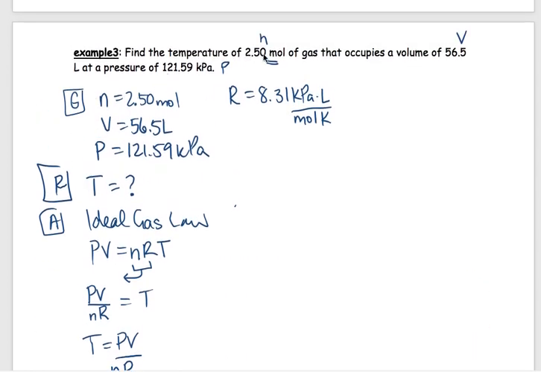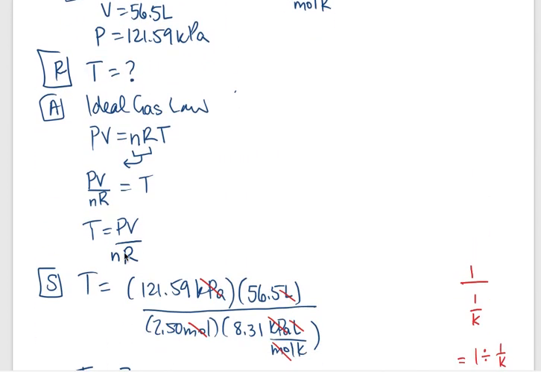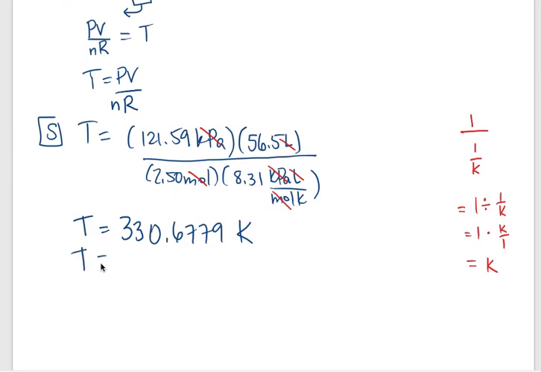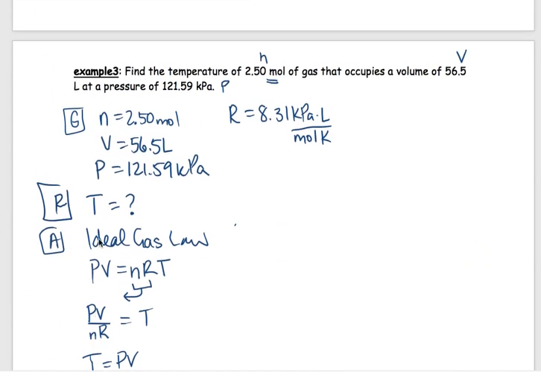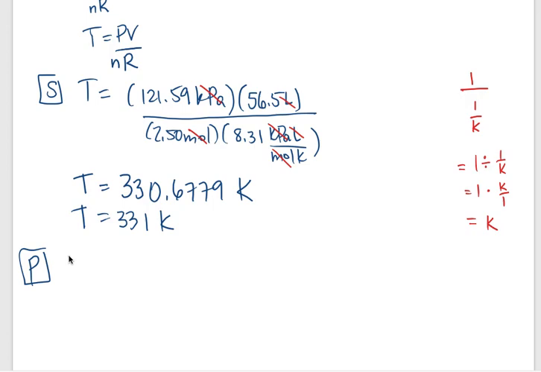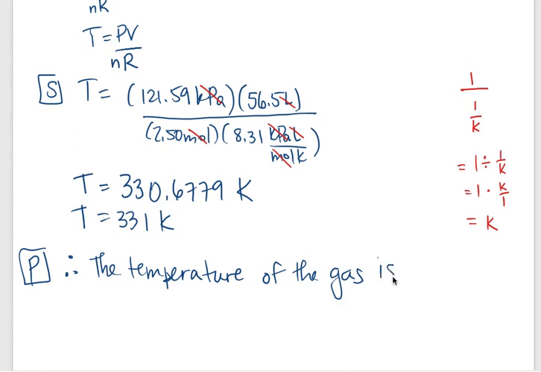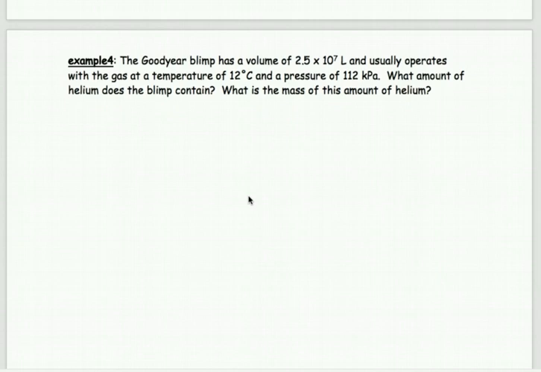I've got 3 here, 3 here, and 5 there, so 3 sig figs: 331 kelvins. So the temperature of the gas that we didn't know is 331 kelvins. All right, a couple more examples, I believe.